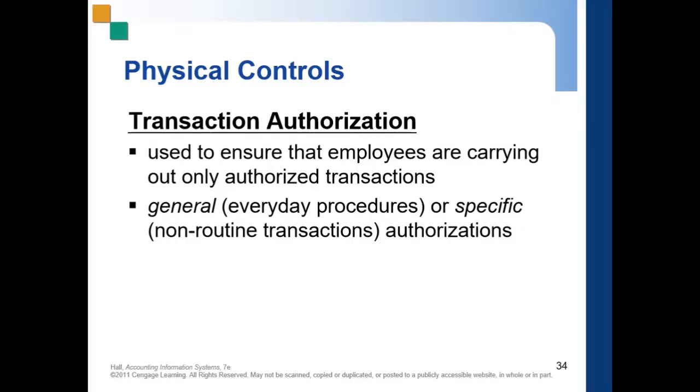So, specific authority is needed for those operations or transactions, and it requires special authority, either from management. That is your transaction authorization. Again, it deals with who has the authority to do the task, or who has the authority to approve the task or your transactions.